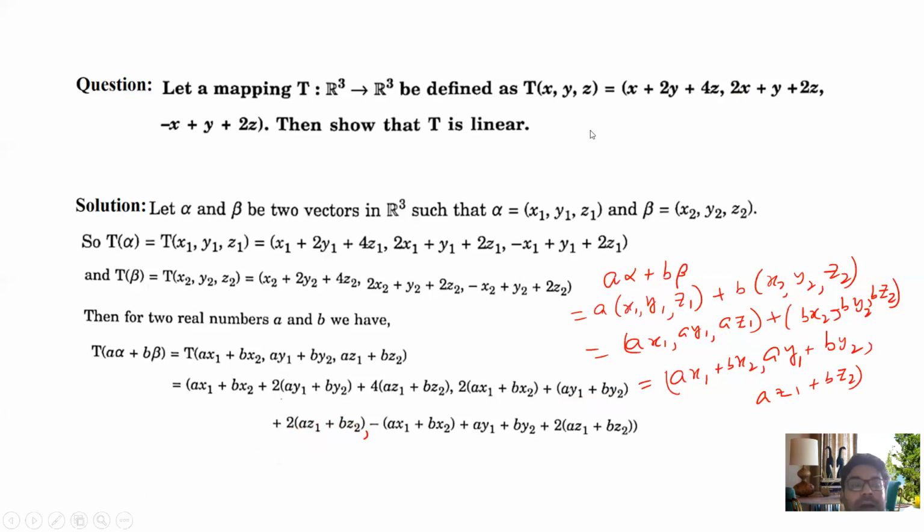Then minus (a x1 plus b x2) plus (a y1 plus b y2) plus 2 times (a z1 plus b z2). So if I substitute these three components into this relation, we get this.